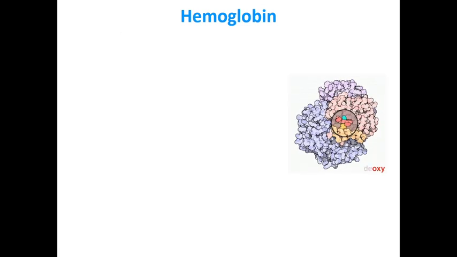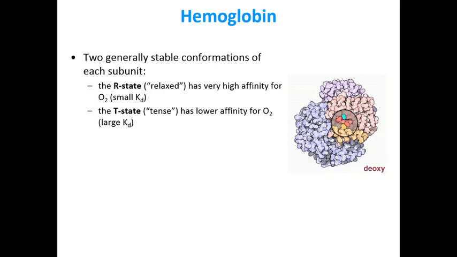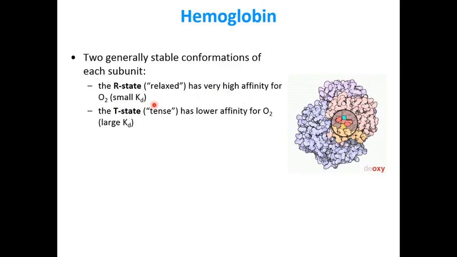X-ray analysis of hemoglobin has revealed two major conformations of this protein: the R state or relaxed state and T state or tense state. R state has very high affinity for oxygen, which means the Kd is very small. The T state has lower affinity for oxygen, which means the Kd is higher.